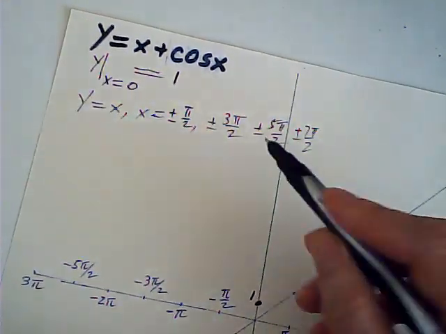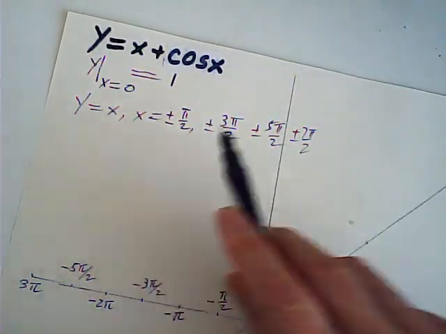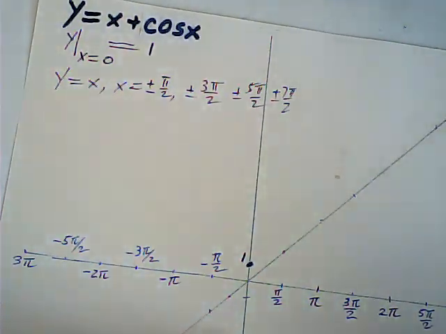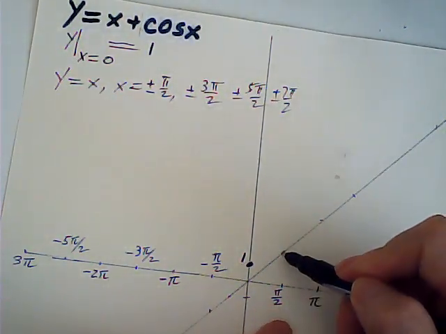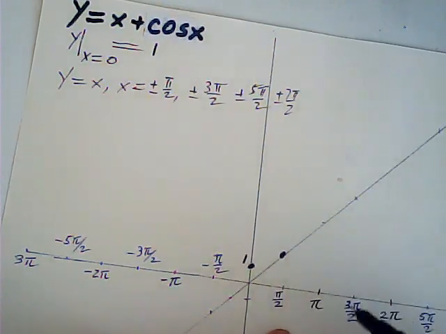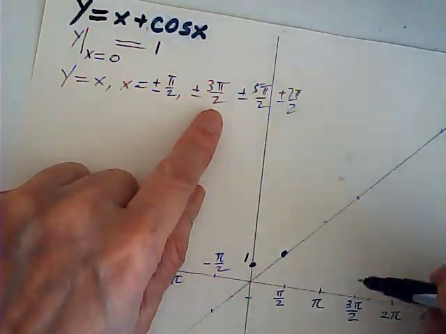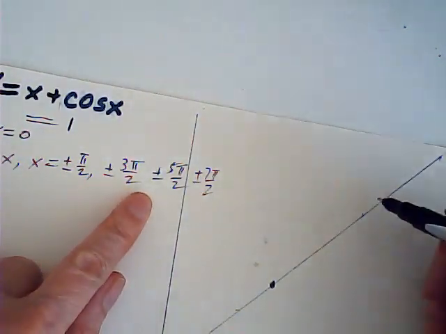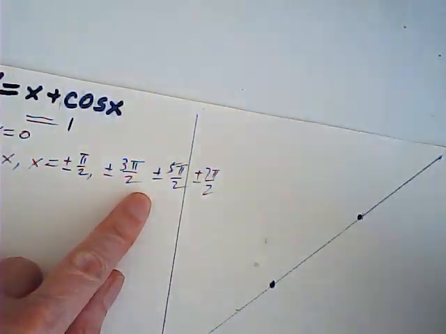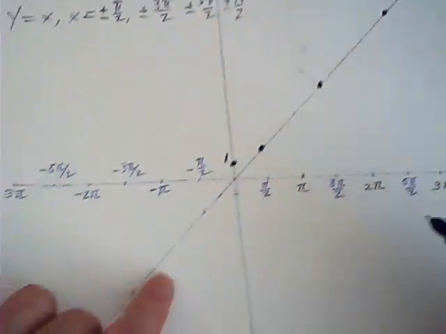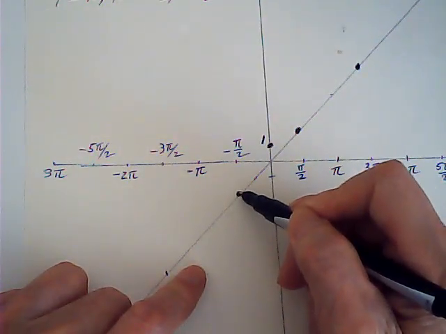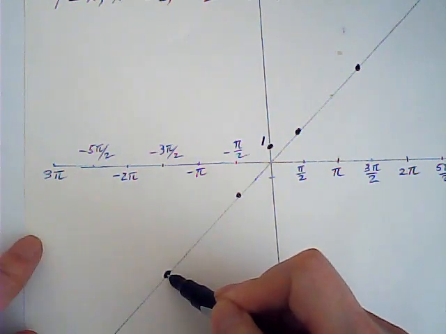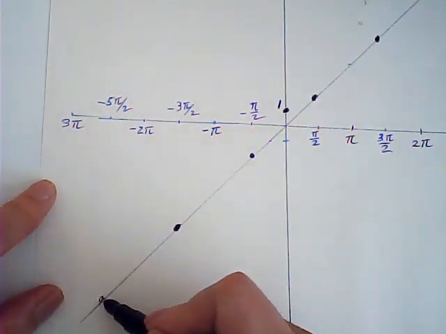Okay, so at those points, the curve is passing through, right? Half pi. This is passing through. This is passing through. Negative half pi. This one. And this one.